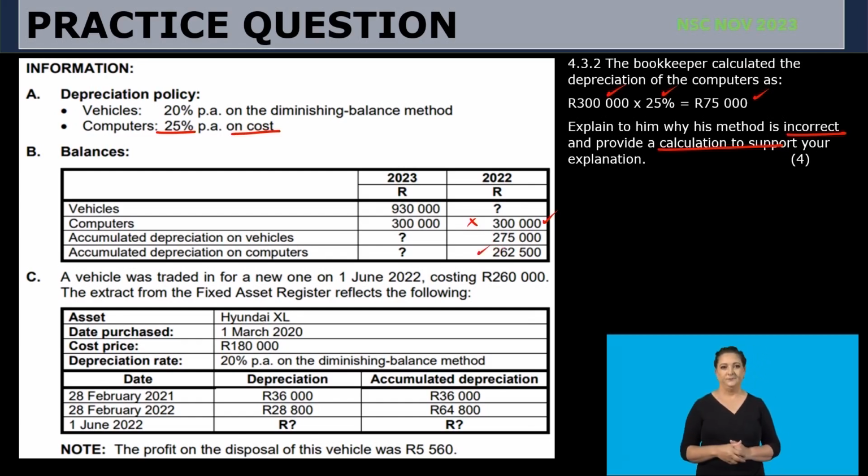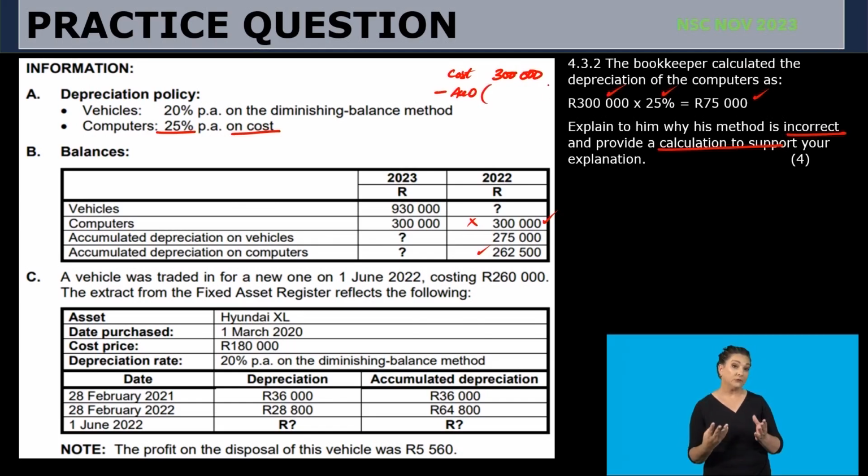262,500. So I want to see now if I would take these computers and then I would say the cost here is 300,000. Okay? And then I would come and say minus accumulated depreciation.